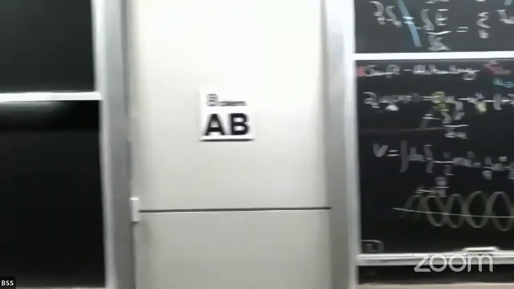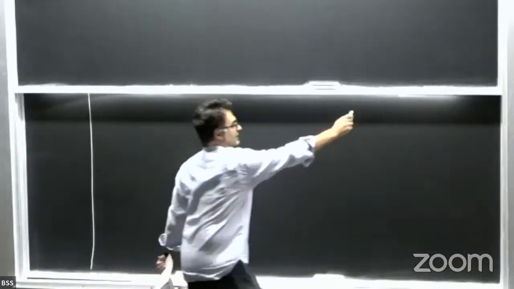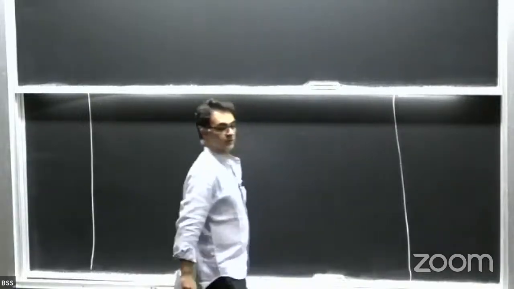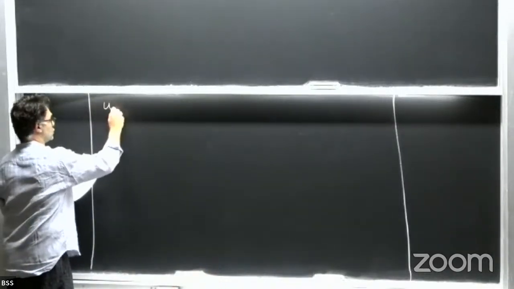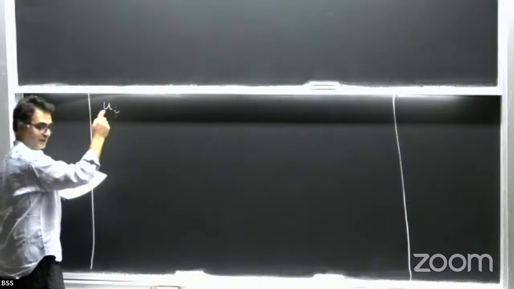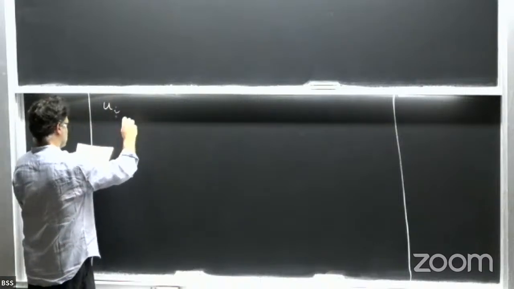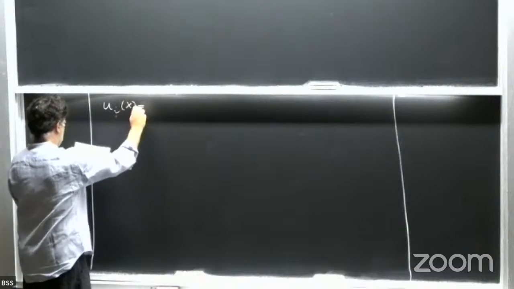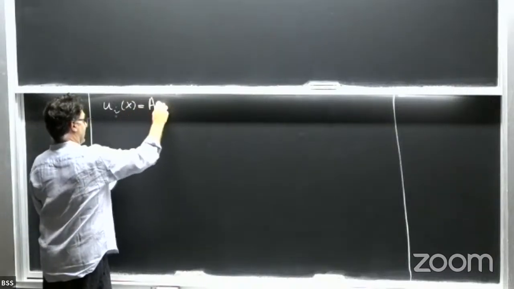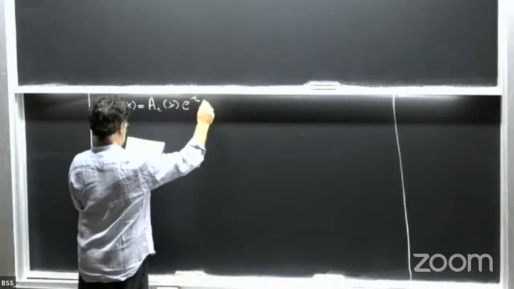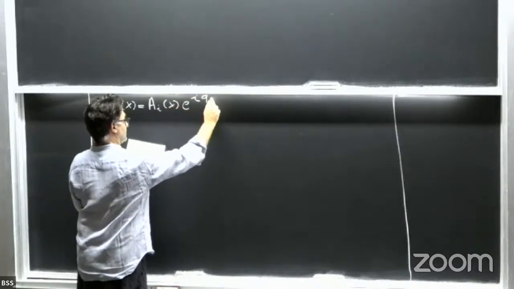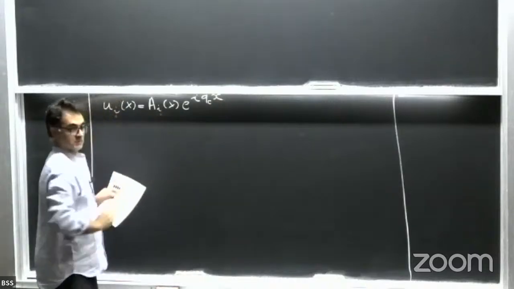Can you all see what I'm doing? If I write within this board, these lines. So the definition of U, each Ui, that could be either one or the other, is Ui(x) equals Ai(x) e^(i QC x).